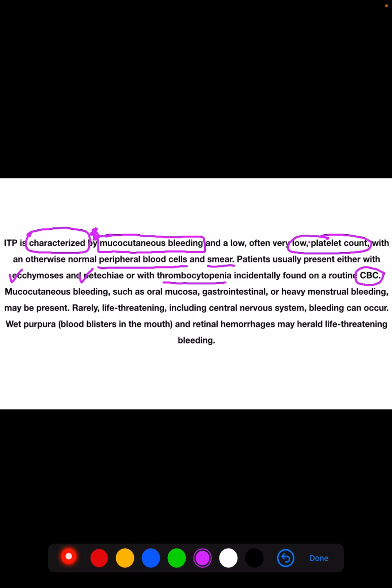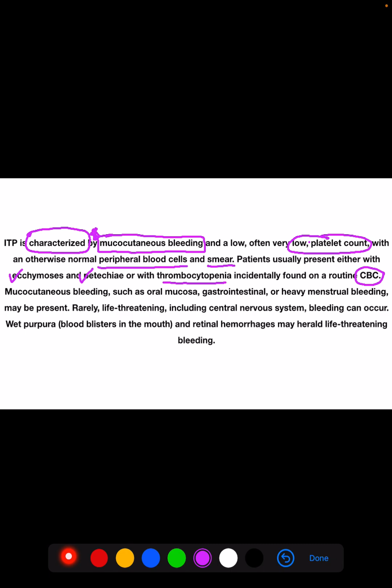For some, if we do a complete blood picture, the patient would have an asymptomatic thrombocytopenia. Mucocutaneous bleeding such as oral mucosa, gastrointestinal, or heavy menstrual bleeding may be present.